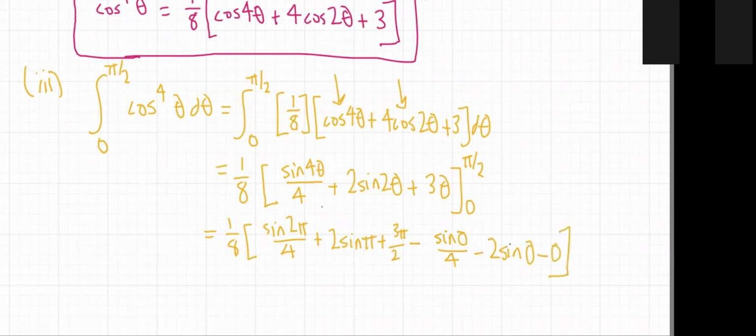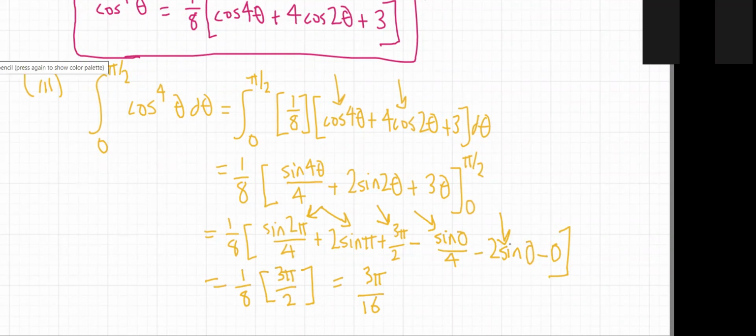And so sine 2 pi is equal to 0, sine pi is equal to 0, sine 0 is equal to 0. So all we are left with is 3 pi over 2 over here. So the final answer is 3 pi over 16 for the integral of cos to the power 4 theta d theta from 0 to pi over 2.